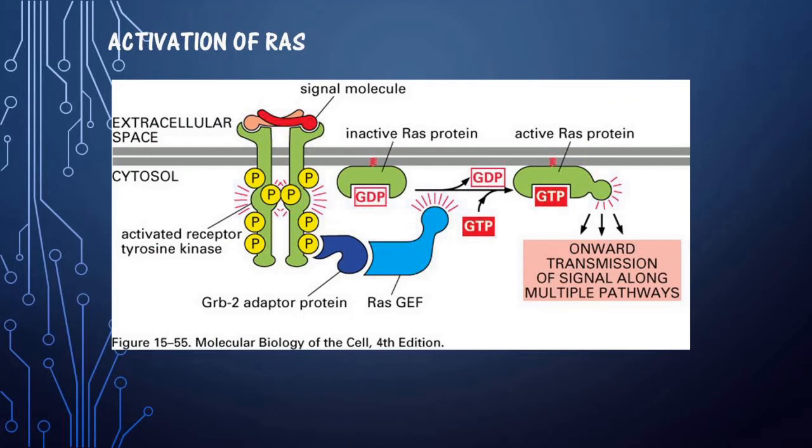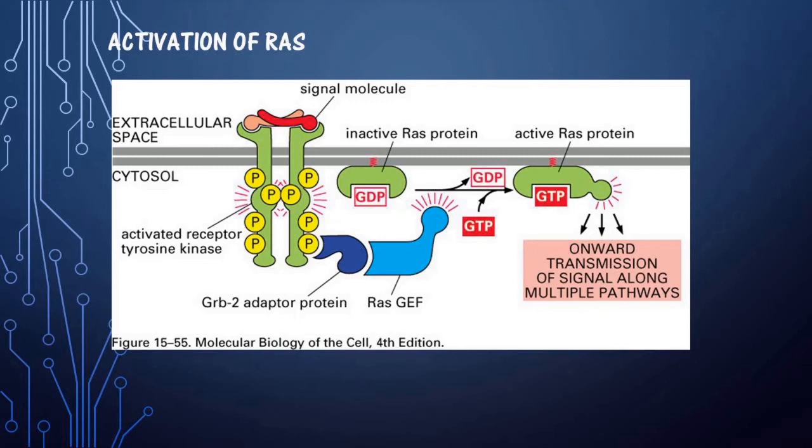In the first structure that we saw, the dimeric tyrosine kinase receptor has several phosphorylated tyrosines present, and this allows the binding of the GRB2 adapter protein.